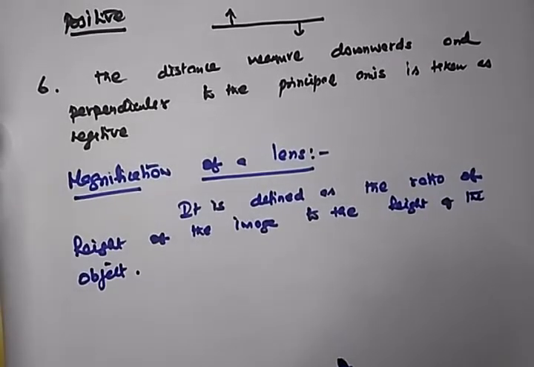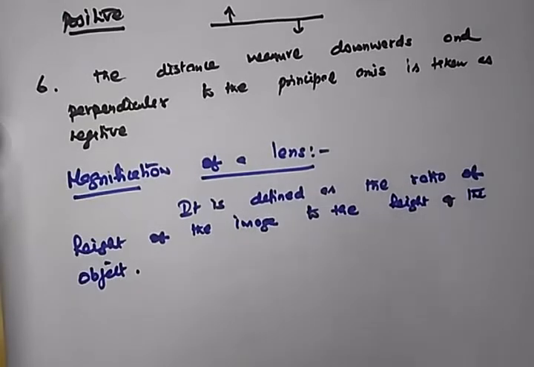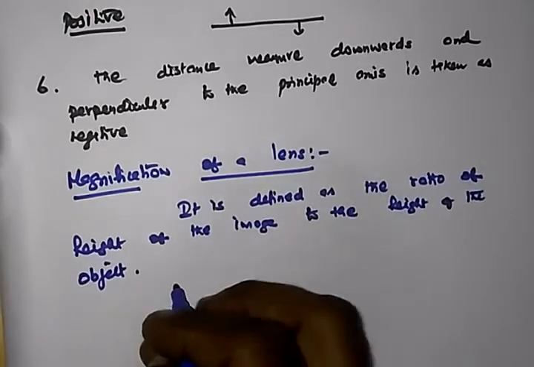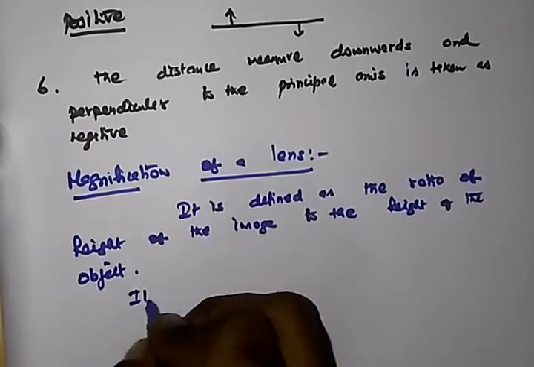Okay, so magnification can be denoted as small m.